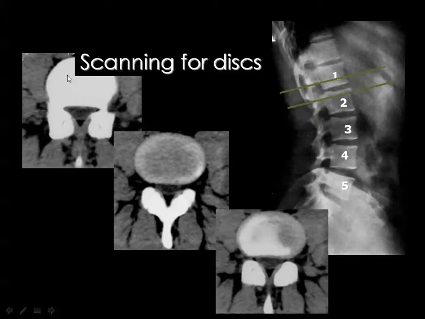If you look at this section, for example, this area does not appear like the muscles, so you are cutting in the bone. And here also you are cutting in the disc as well as in the bone. But at this level you are cutting actually in the disc, and this is the value of aligning the section parallel to the disc substance, to the direction of the disc itself.